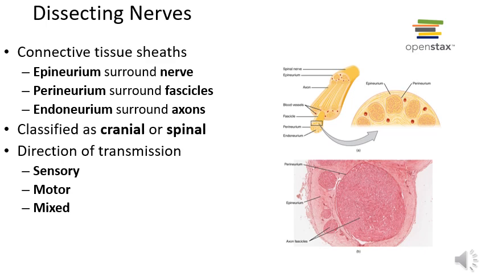Regardless, your axons, which are significantly long parts of these neurons, need to be bundled into these major pathways, these major tracts, so they can carry these impulses to and from the central nervous system over significantly long distances. So technically, that's what a nerve is. It is a bundle of axons. Cell bodies are either located in ganglia in the peripheral nervous system or in nuclei in the central nervous system.